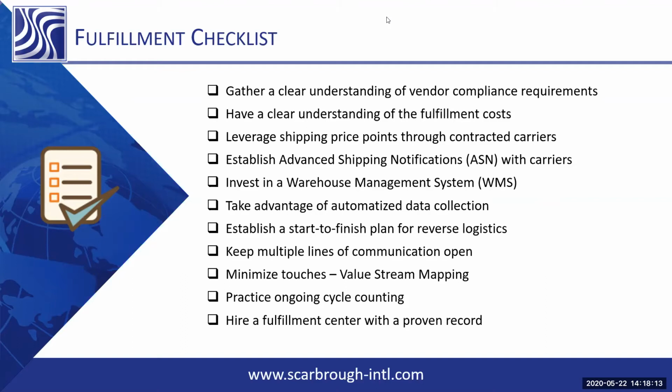The next point: establishing advanced shipping notifications with carriers. What this means is establishing a system with the carriers, and any good carrier will have this capability, where your final end user customer can get information about the status of their shipment.